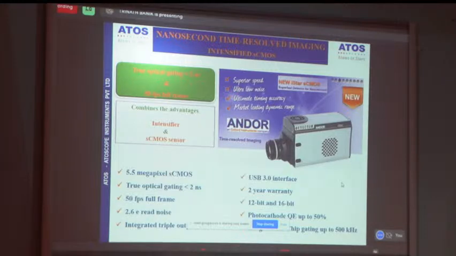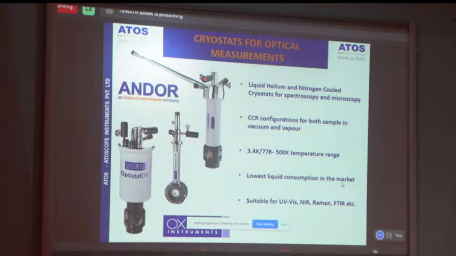So apart from the spectroscopy, apart from the cameras, we have these cryostats for different kinds of nanomaterials. Suppose we are using some materials and wanted to keep the material at low temperature, we can do that by using the Oxford systems down to 3.4 Kelvin. We can do it in a liquid nitrogen environment also at 77 Kelvin, and obviously it can go up to 300K and 500K with a high temperature upgrade.